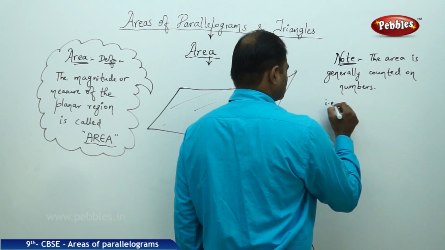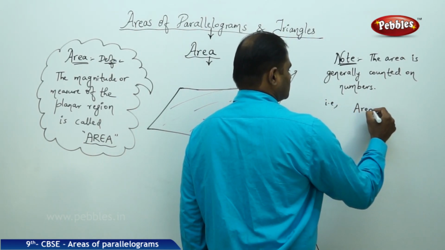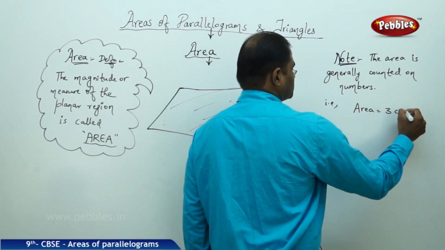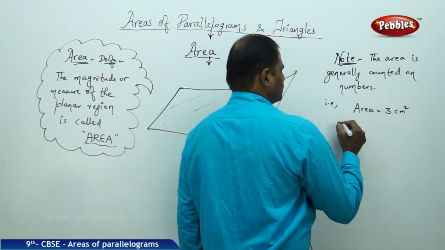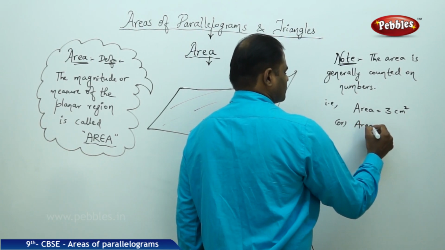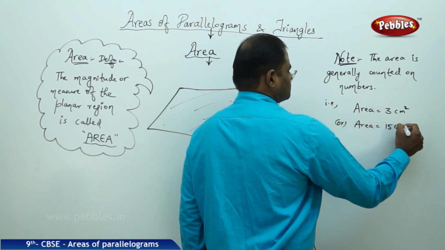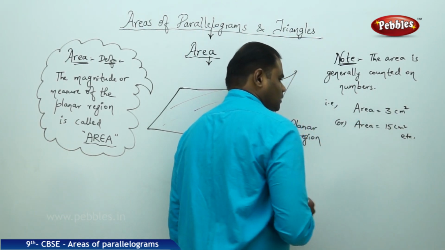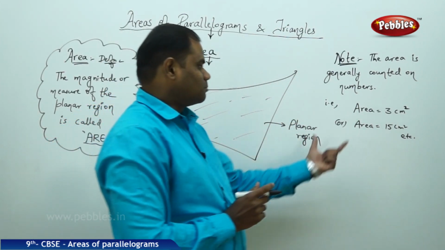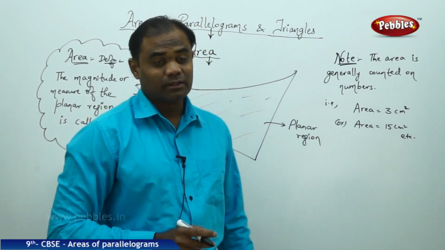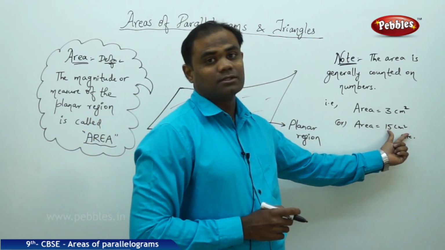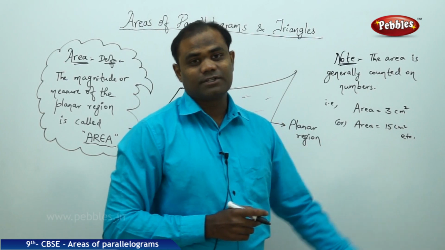That is, area equals 3 centimeters square or area equals 15 centimeters square, etc. Now here this implies that if the area is 3 centimeters square and area is 15 centimeters square, that means the second area is bigger than the first area.